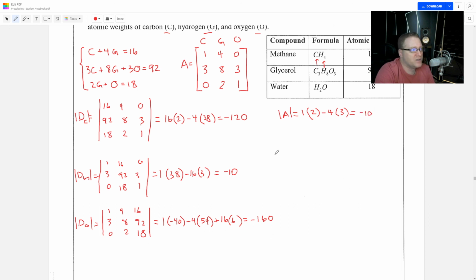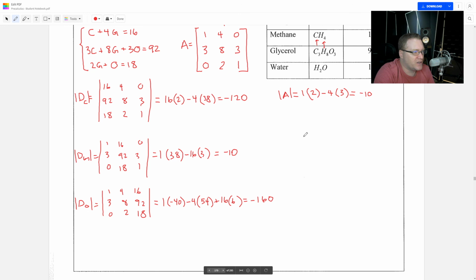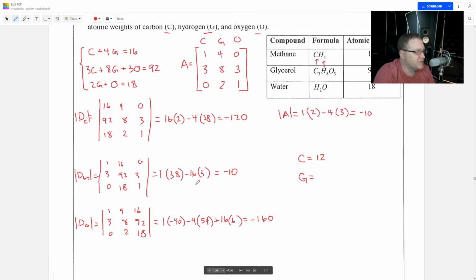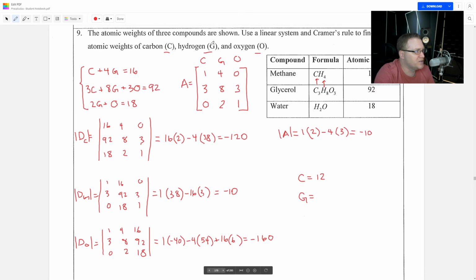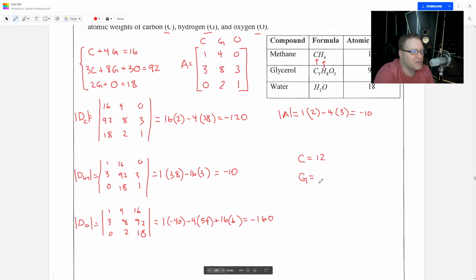All right, so now we have everything we need to find our answers. The weight of the carbon is going to be negative 120 divided by negative 10, which is just 12, right? And then hydrogen, which is our G, the weight here, I don't know why they used G for hydrogen instead of just H. I don't know.